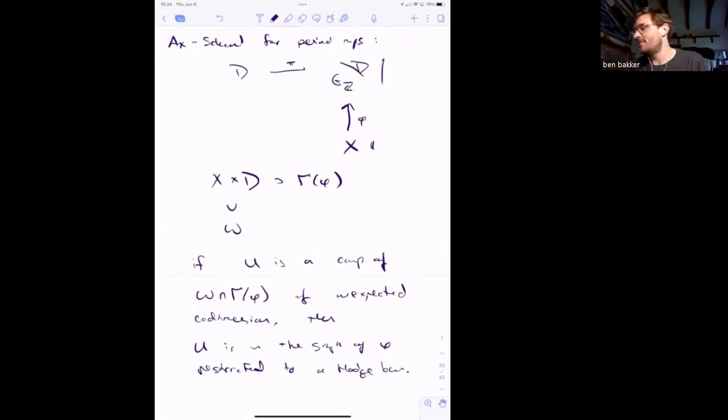namely that if you have, I was going to do an example, but I think I'm thoroughly out of time now. But you can prove statements of the form: if you have more relations among period integrals than you expect, then it must be because of the existence of new Hodge classes.